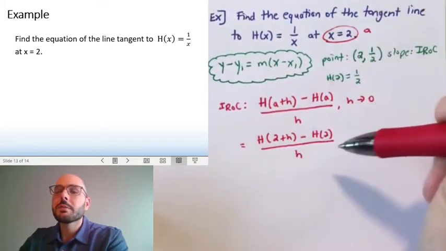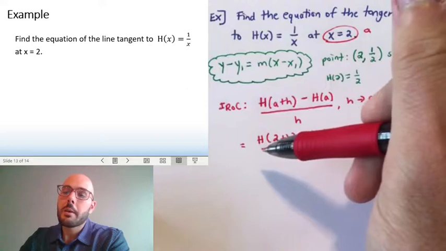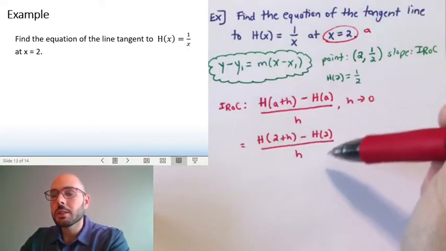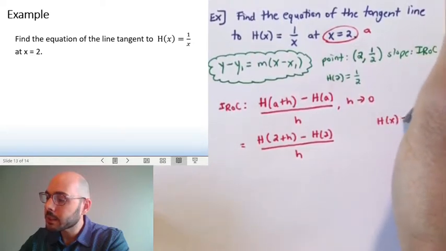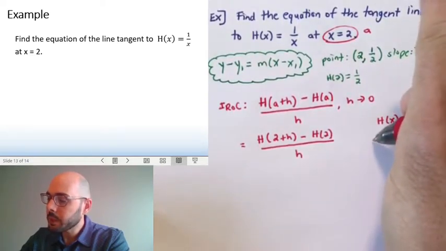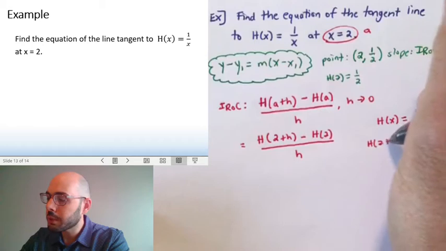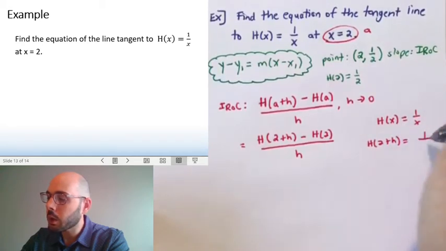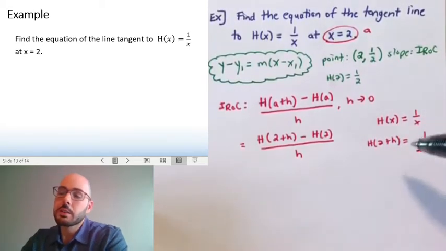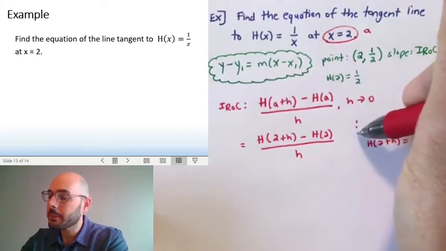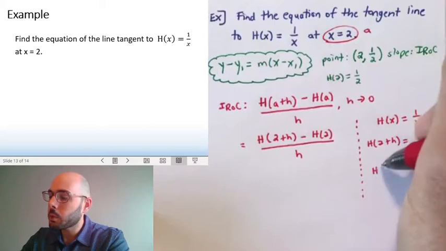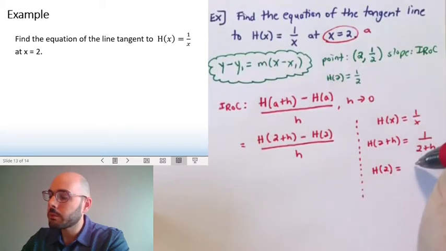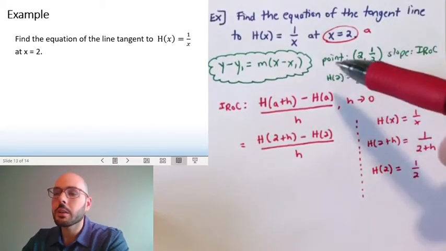And now we want to go off to the side and figure out what big H of 2 plus h is and big H of 2. So big H of x is 1 over x. When we plug in 2 plus h, we'll get 1 over 2 plus h. There is no way for us to really simplify that, so that's going to be what that is. Next up, we want big H of 2. So we kind of already did that when we found the point earlier.